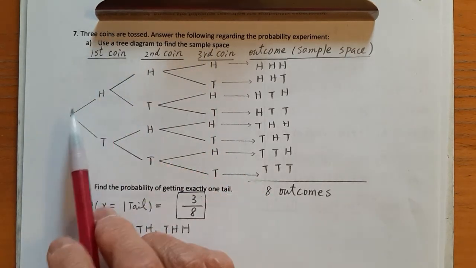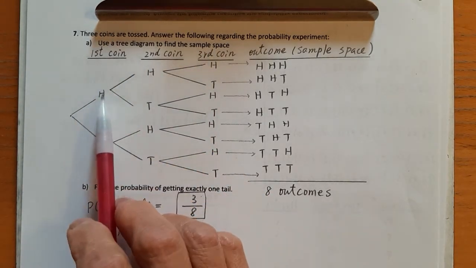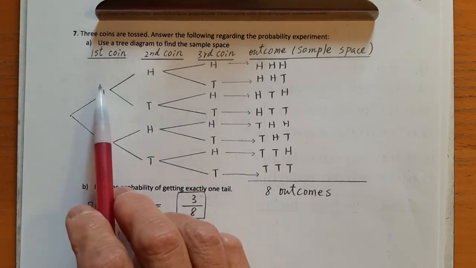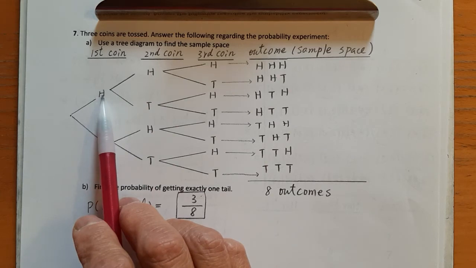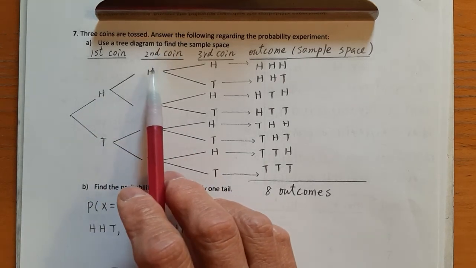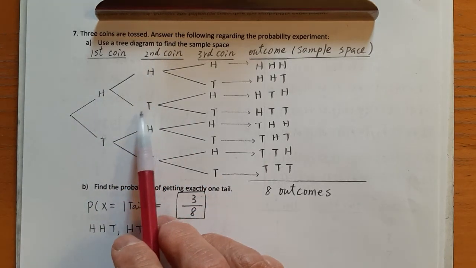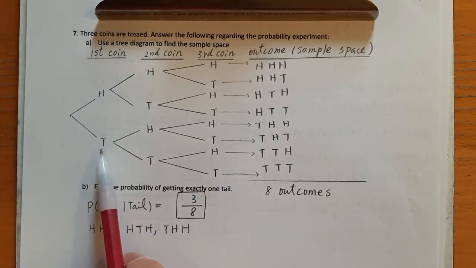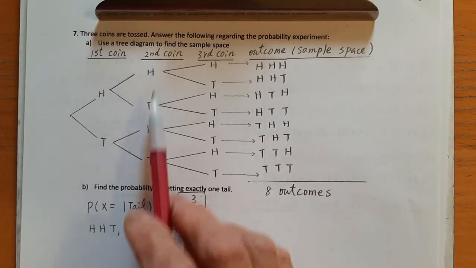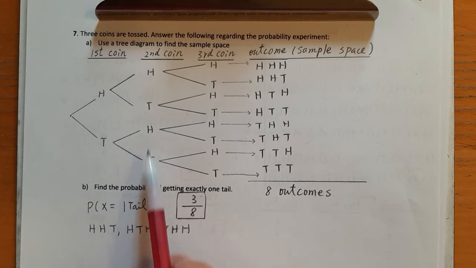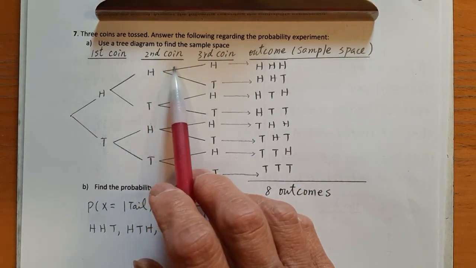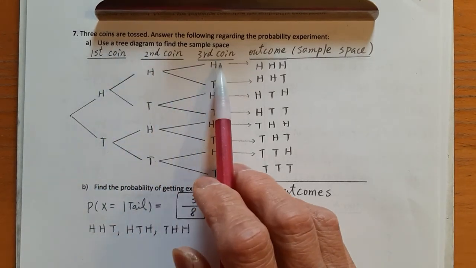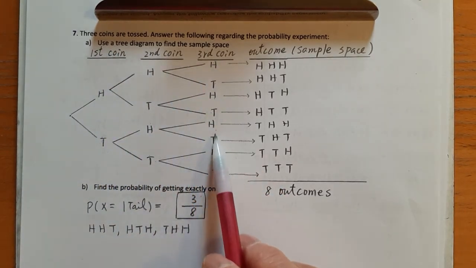So toss the first coin. The coin has 2 outcomes, either head or tail. Now the first coin you got head, then you toss the second coin also get either head or tail. If the first coin you got tail, then the second coin you also get either head or tail. For the third coin, then either head or tail.